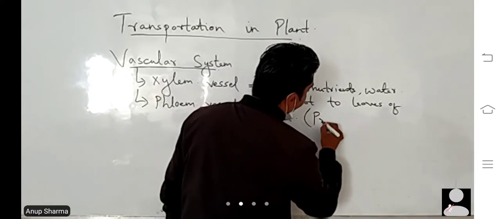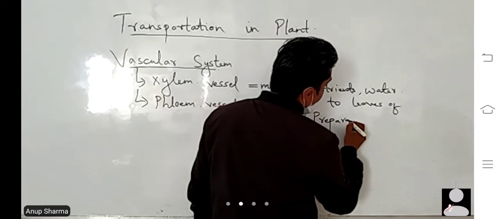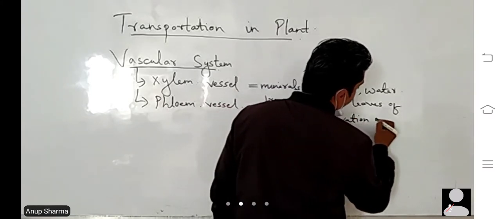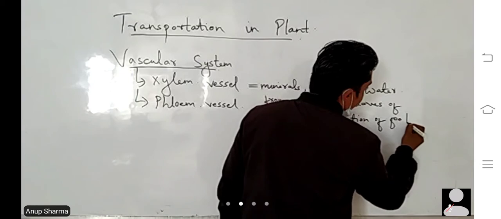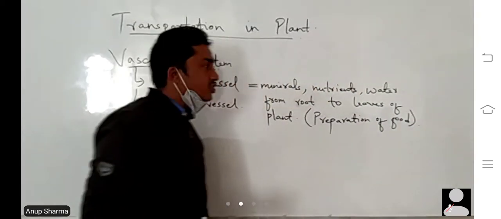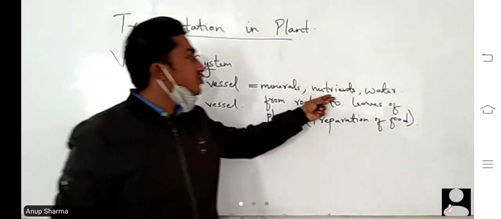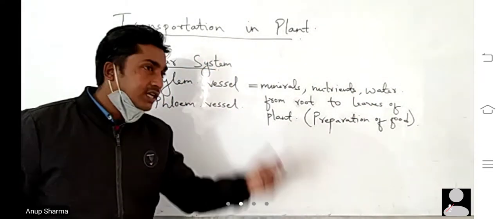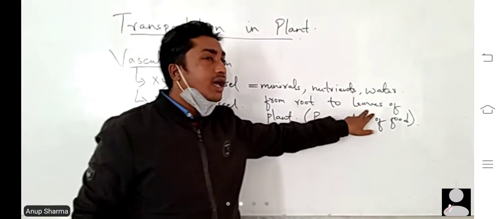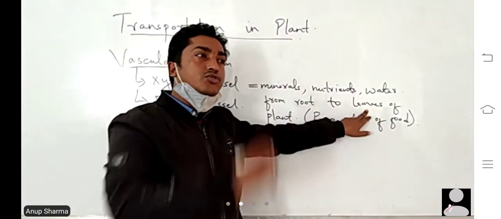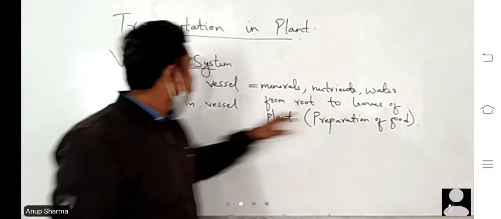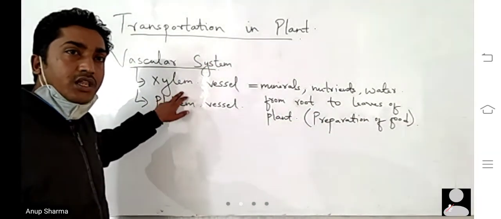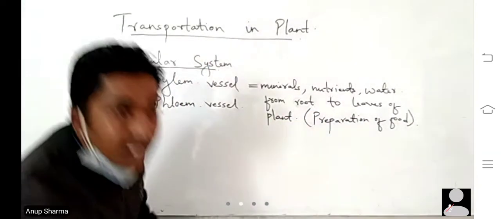For preparation of food. Got it? For the preparation of food, minerals, nutrients and water are required, and that is taken from the soil through the roots and finally transported to the leaves. By which vessel? By xylem vessel.